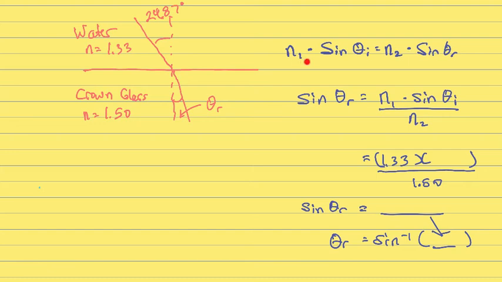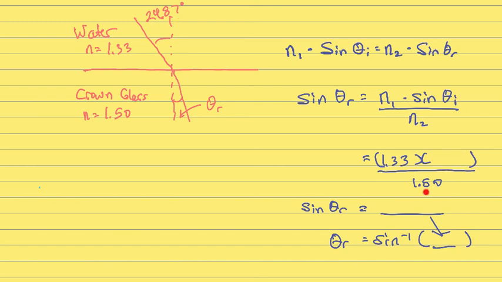So I have it set up over here, starting with this. We're solving for this, so we're going to divide both sides by N2. So notice how this is exactly the same, divided by N2. N1 is 1.33. I'll let you do the sine of 24.87.